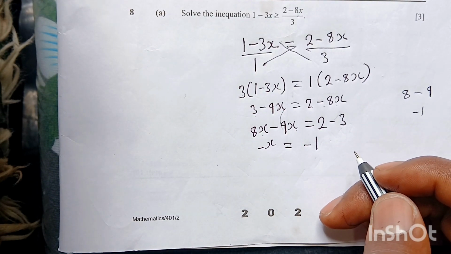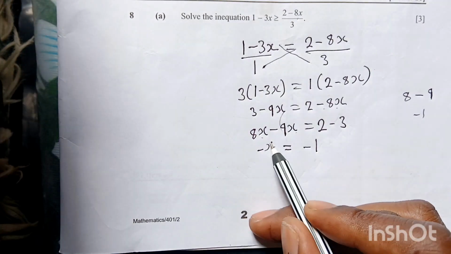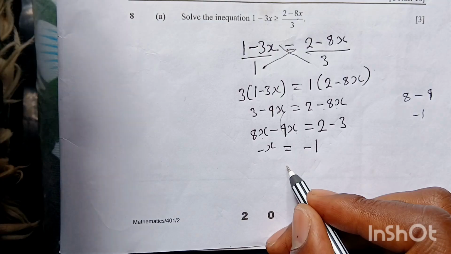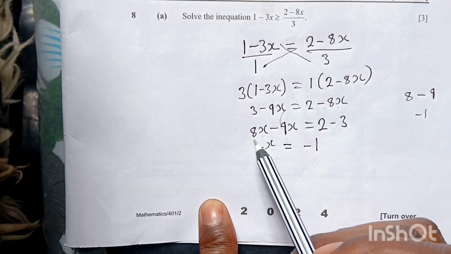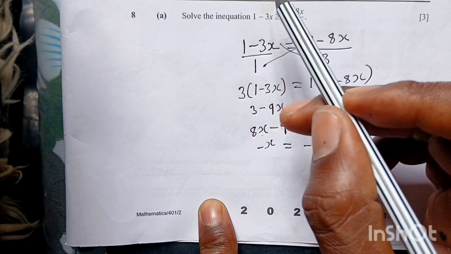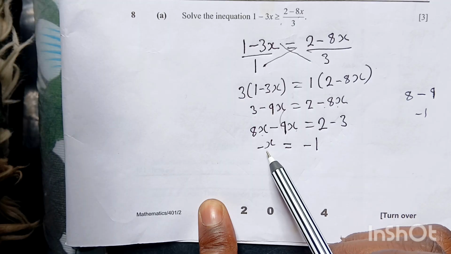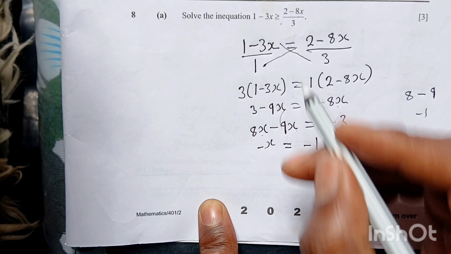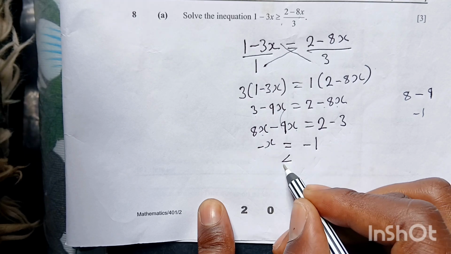So now, because there is a negative in front of the x, that's why you have to change your sign. If x was not having a negative in front, the sign could have remained the same, greater than or equal to. Now because in front of the x there is a negative, the sign is going to change. It's going to be less than or equal to.